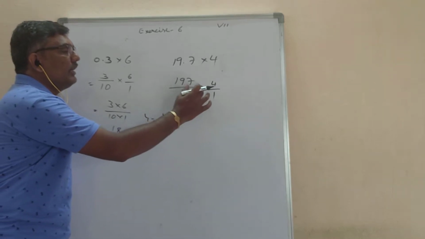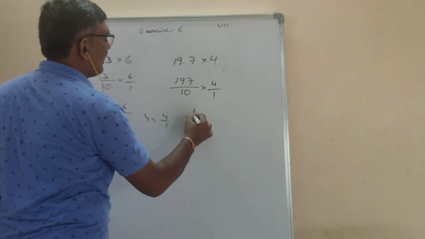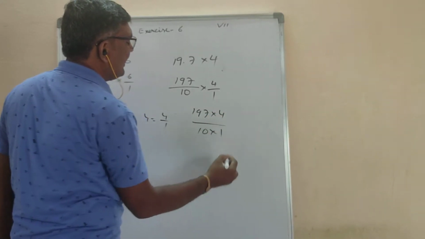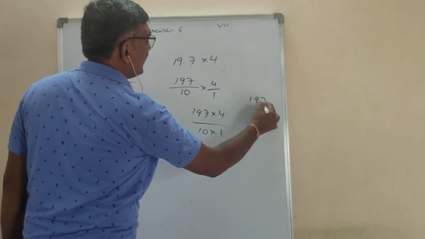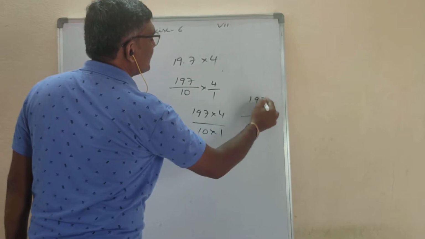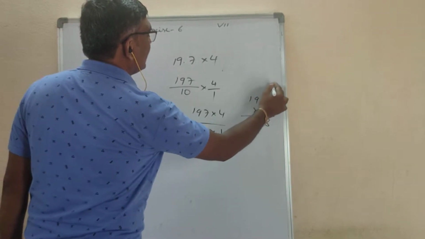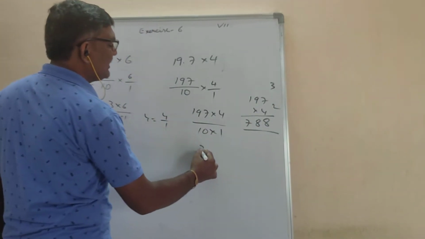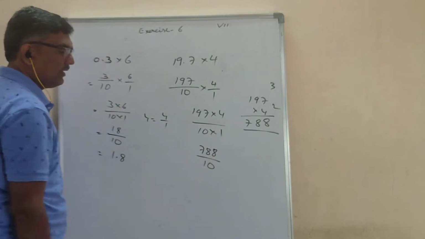Now numerator into numerator, denominator into denominator. So here you have to write 197 into 4 divided by 10 into 1. 197 fours: if you don't know multiplication, you can do it like this. 4 sevens are 28, write 8 and carry 2; 4 nines are 36, plus 2 is 38; 4 ones are 4. So you are getting 788 divided by 10 ones are 10.